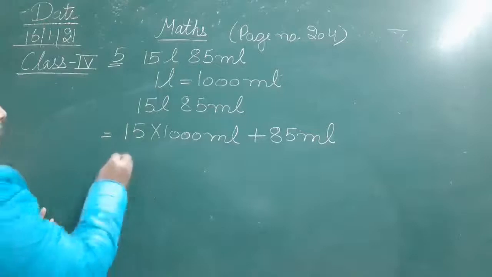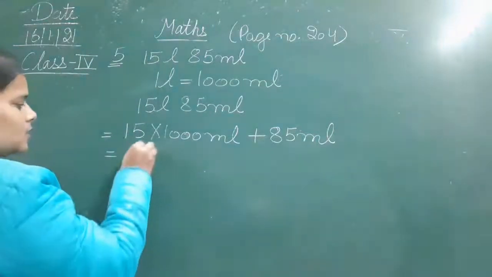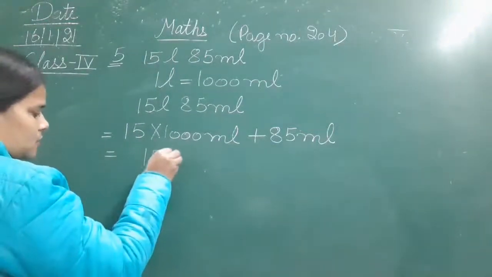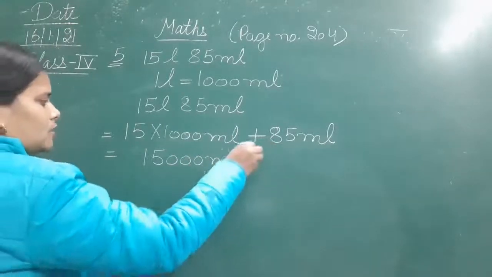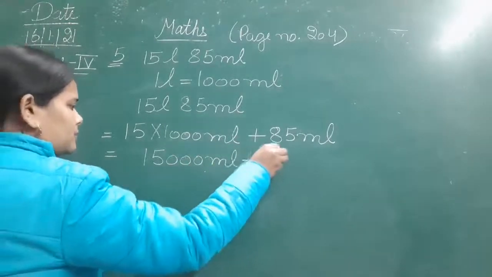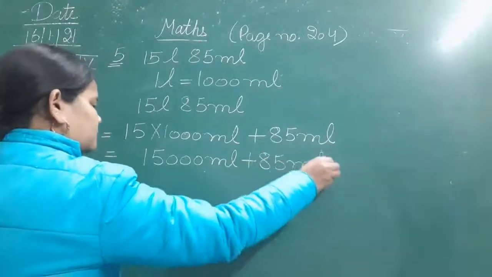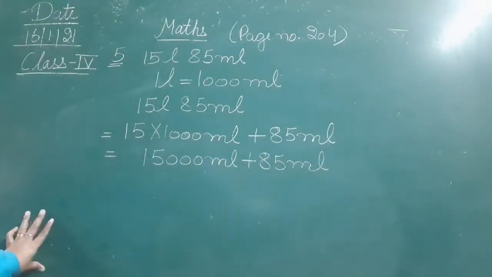Clear? 15 multiplied by 1000, that is 15,000 milliliter plus 85 milliliter.